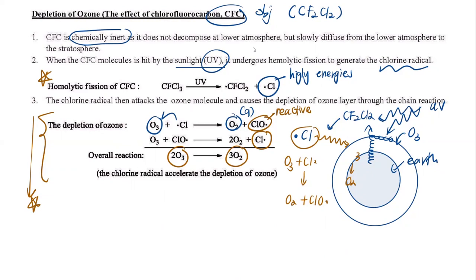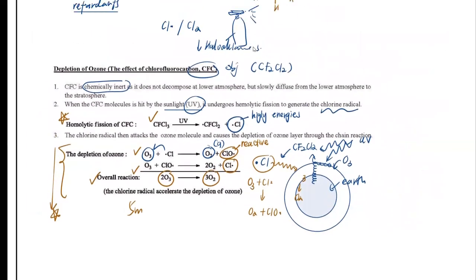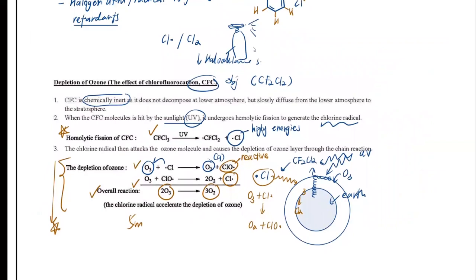You just have to remember the overall equations and what the mechanisms are. I mean, like O3 reacts with chlorine radicals to form O2 and ClO radicals, and then continuous attack. Lastly, the overall equation. This one comes in the exam, in essay, for 5 marks, asking you to state the depletion of ozone.